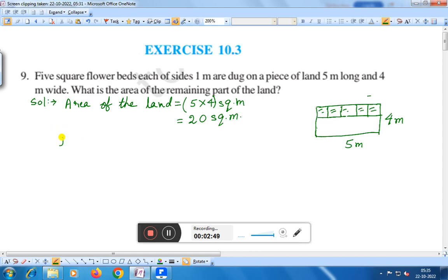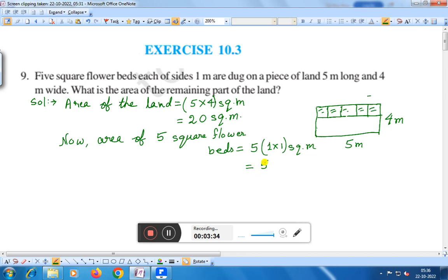Now, area of 5 square flower beds is equal to 5 into 1 into 1 square meter, and that comes to 5 square meter.